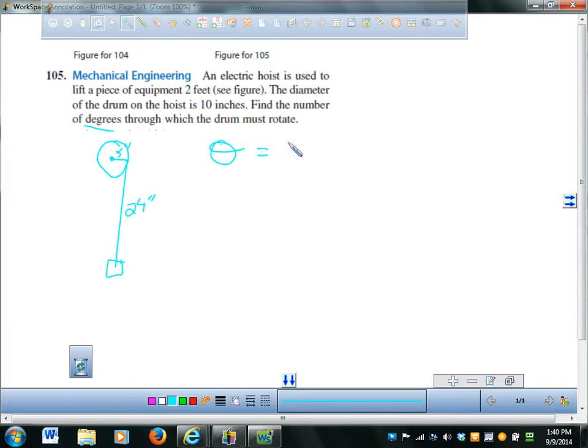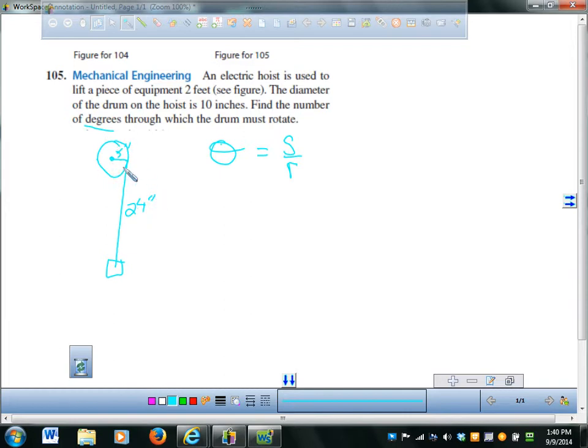So theta is equal to S, the arc length, over R, the radius. This is a pretty easy problem because S is just 24, because when you roll this wheel around so many times, the arc length it's going to travel is 24 inches.